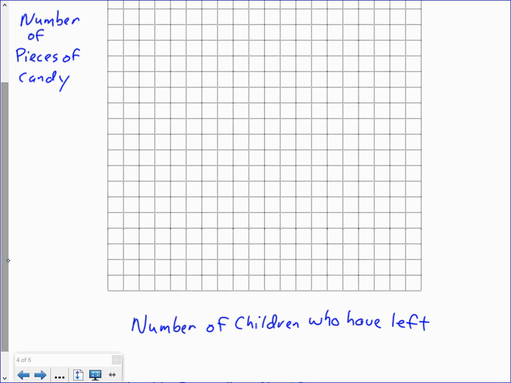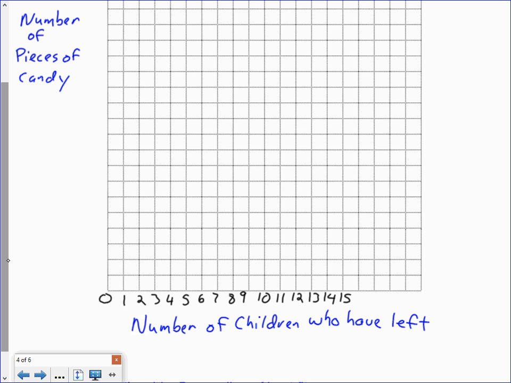And if I count them up, I've got 20 spaces here. So a good scale is each little box represents one child. 0, 1, 2, 3, 4, 5, 6, 7, 8, 9, 10, 11, 12, 13, 14, and I can go up to 15, even though my numbers don't go that high.